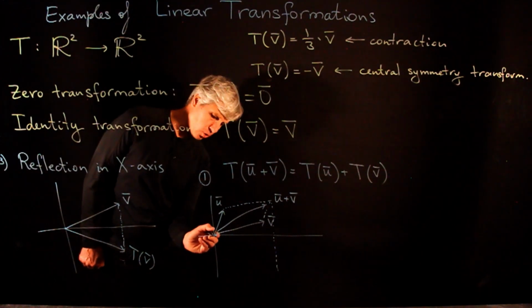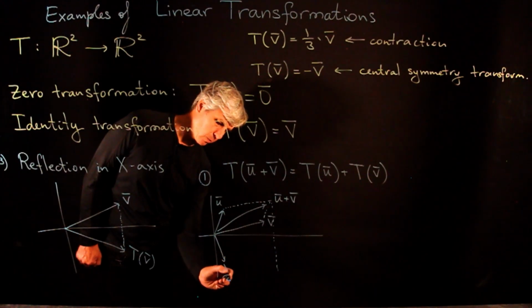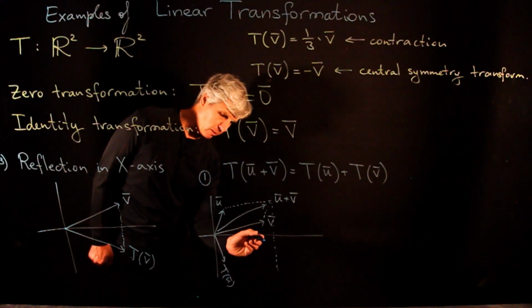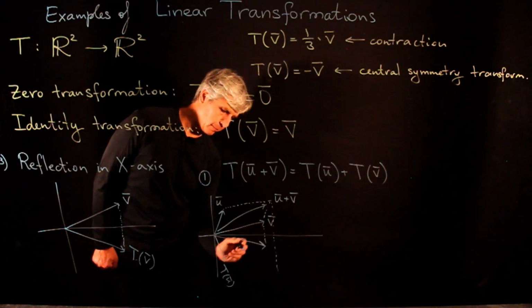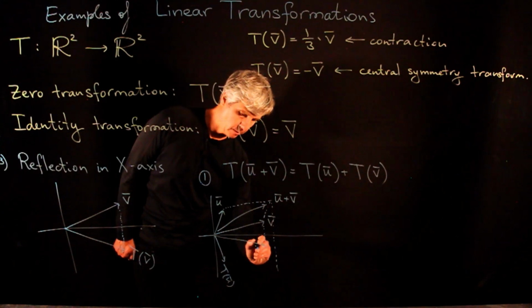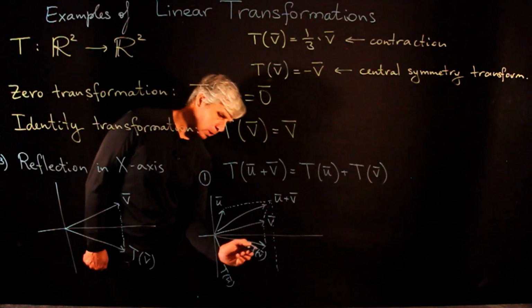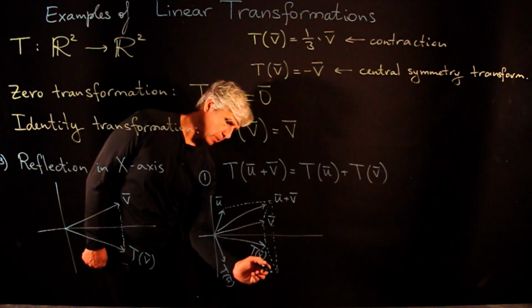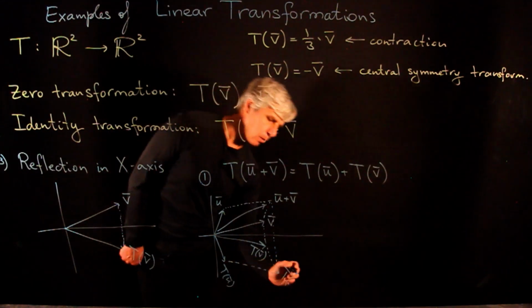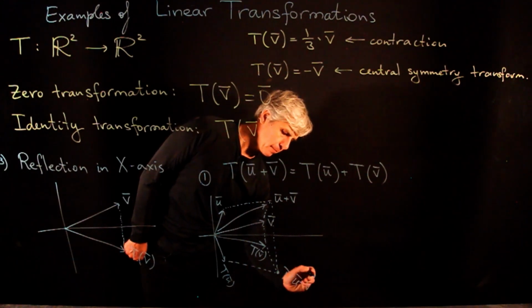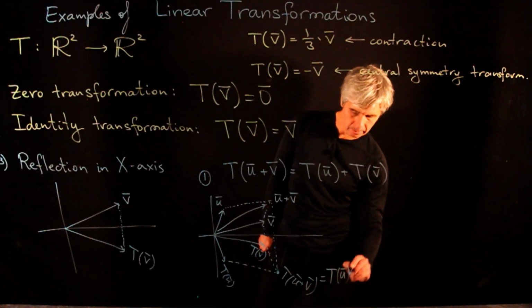Let's actually reflect each vector. If we reflect here, we get T of u, and if we reflect this vector, we get here T of v. Our claim now is that T of u plus v is equal to T of u plus T of v.